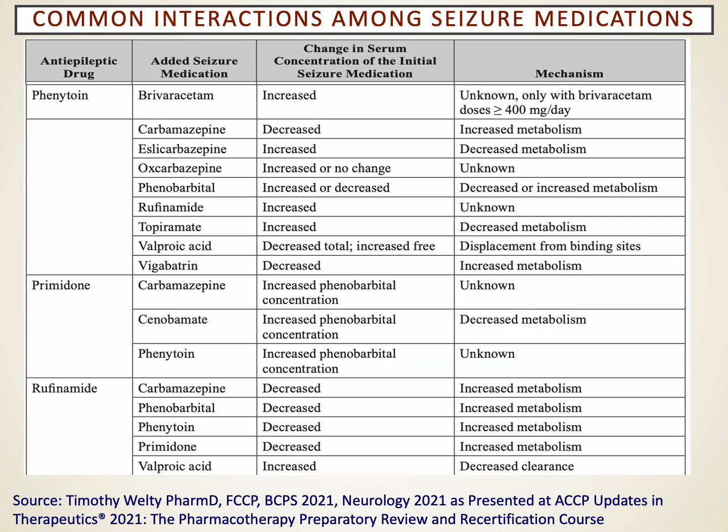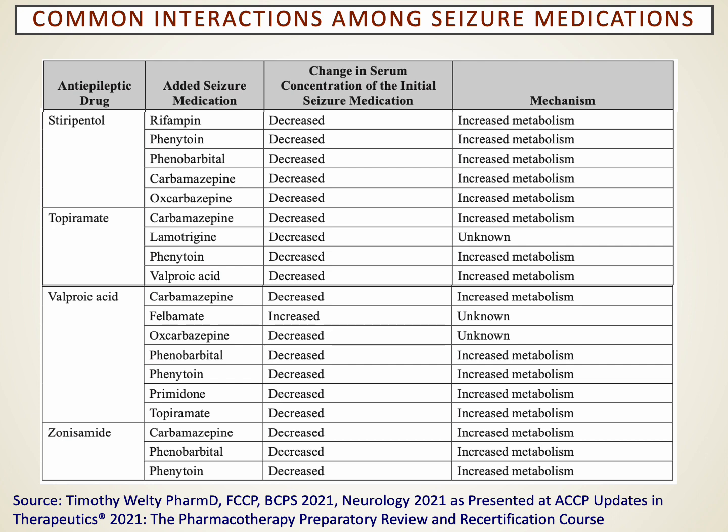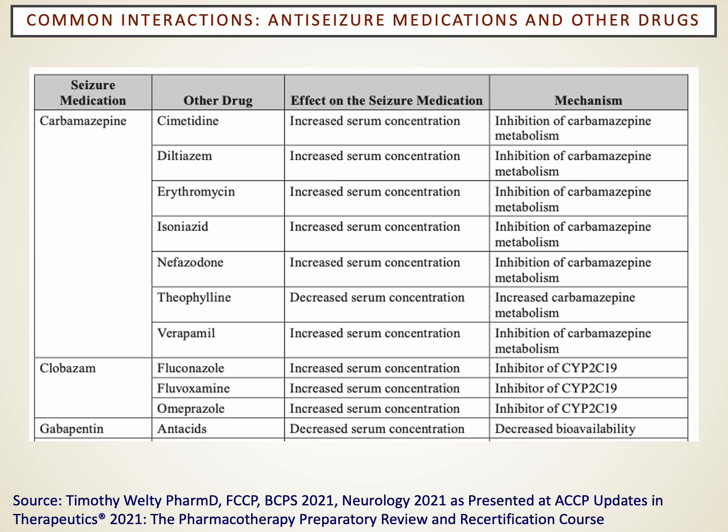But you'll see most of the effects are relating to either increased or decreased drug metabolism. True for this as well, phenytoin, lots of interactions there. More interactions listed here. And then interactions with other medicines, and this is not an exhaustive list, this is a partial list. But you'll see, for example, Tegretol affects the metabolism of many other drugs.